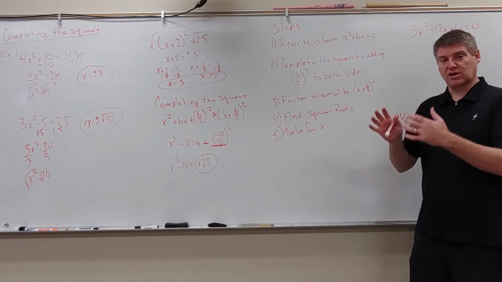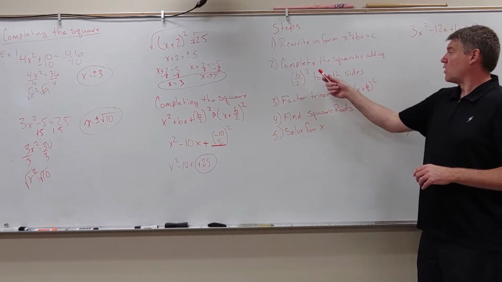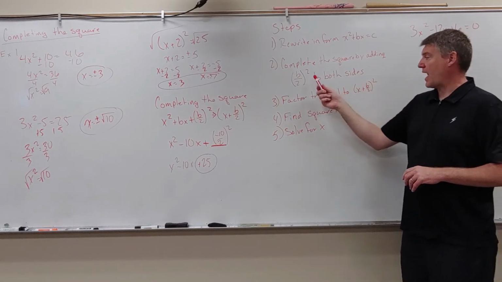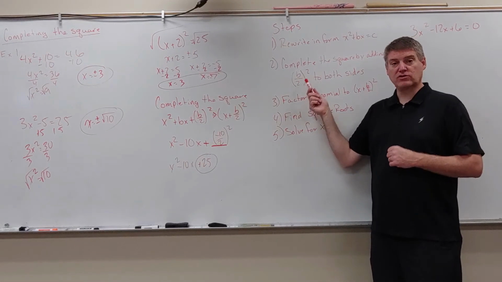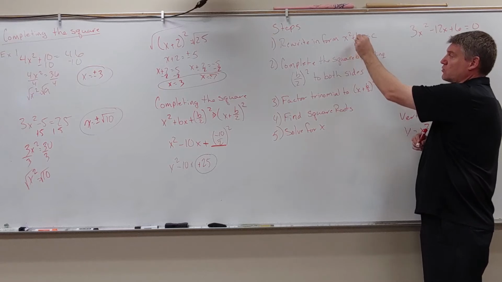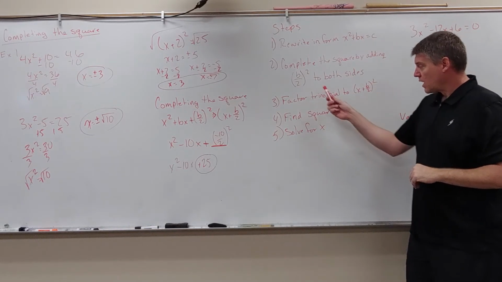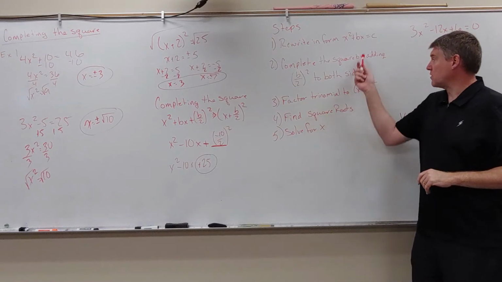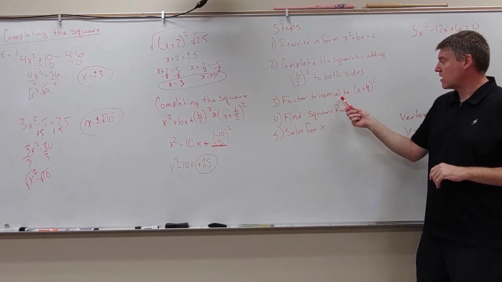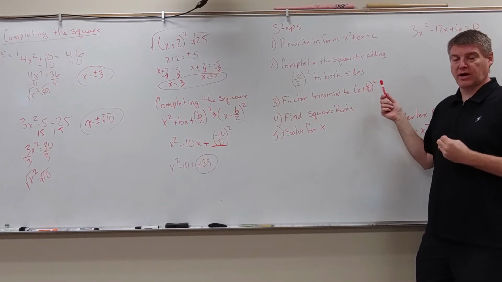Take your constant term and move it to the other side, okay? Then you're going to complete the square by adding b over 2 quantity squared to both sides. So I'm going to take this b, divide it by 2, square it, and add it to both sides. Now you're going to factor the trinomial into the form quantity x plus b over 2 quantity squared.